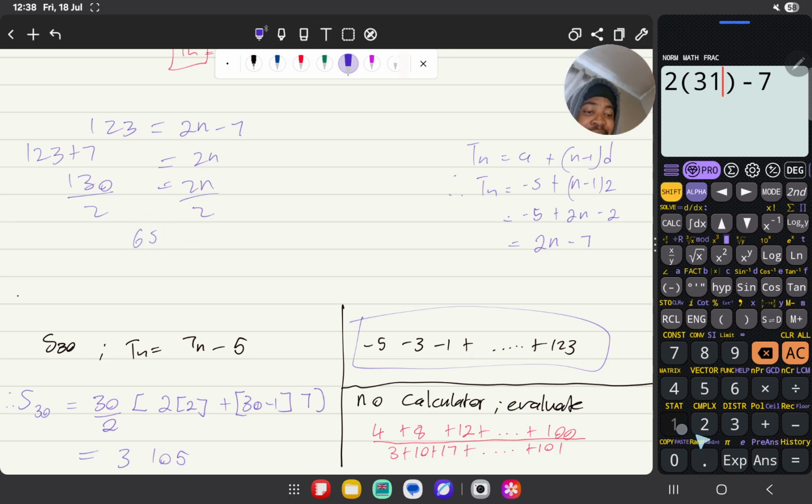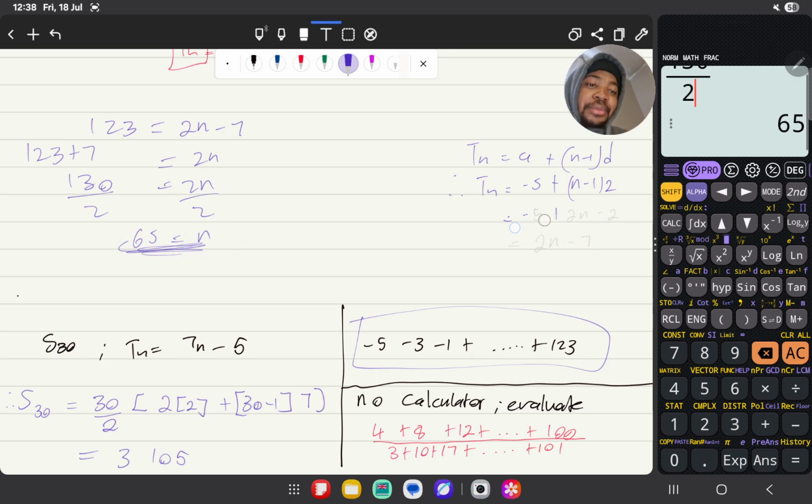Let's test it. 130 divided by 2, 65. So n is 65, right? And n being 65, it's saying we have 65 terms here, right? And we are basically finding S65.